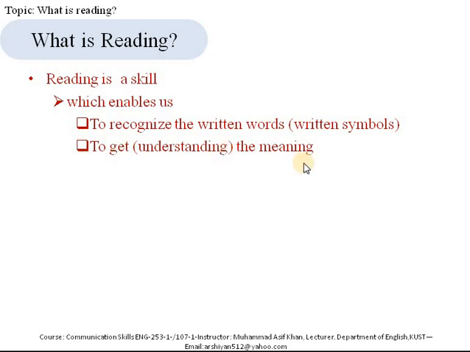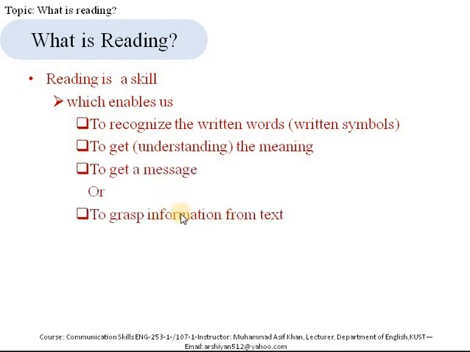When we understand or get that message, then comes the part where you grasp the actual information from the text, and you then become able to interpret those words to others. So that is reading. We can define reading in a number of other ways, but here I have given you the three important definitions of reading.